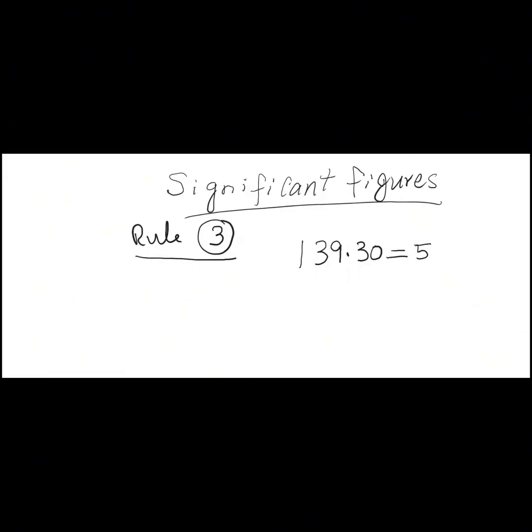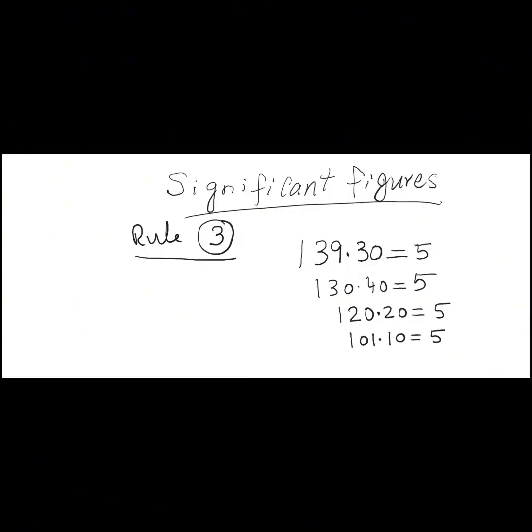Okay, let's see another example. 130.40. How many? You see here, this 0 is also after a significant number. There's a decimal. Therefore, I would say 1, 2, 3, 4, 5. 5 significant figures. 120.20. How many? Again 5. 101.10.